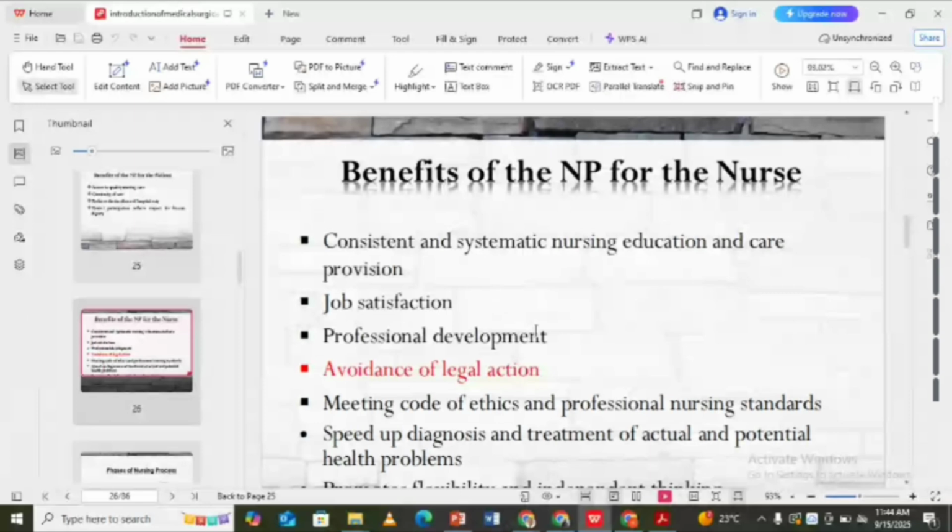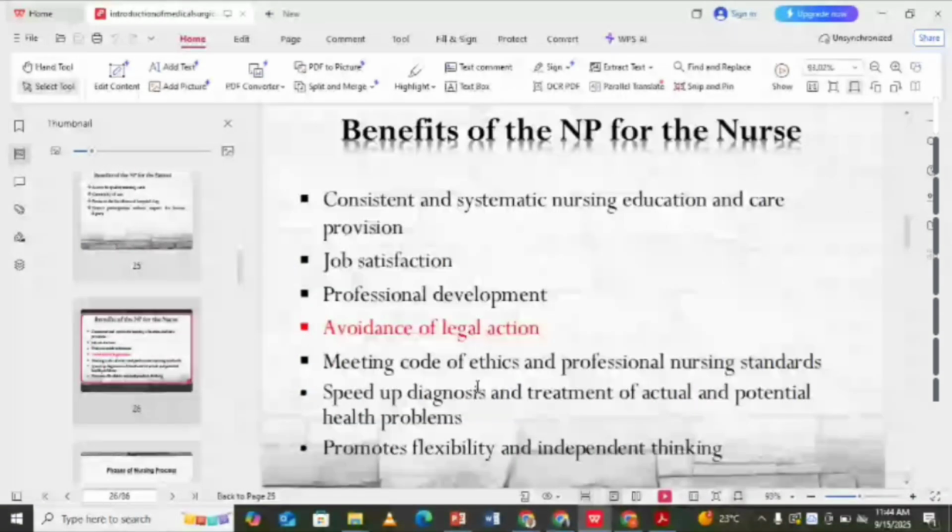It professionalizes the profession. It speeds up diagnosis and treatment of actual and potential health problems, because the nursing process allows you to quickly come up with a diagnosis, quickly identify patient problems, and make the necessary interventions.